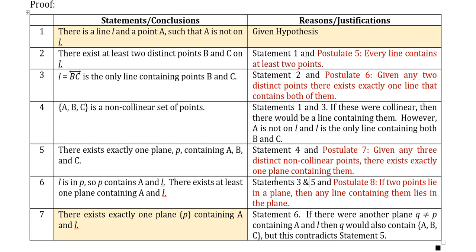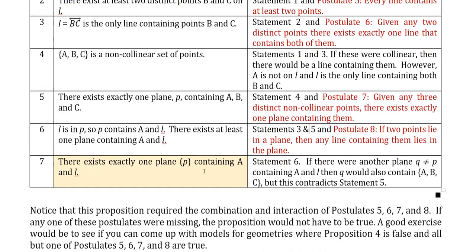It makes use of postulates 5, 6, 7, and 8. If we only had any three of them without the fourth one, then there'd be a way to make a geometry where this proposition is actually false. So it's not just any one of these postulates, but the interplay among those four that makes this work.